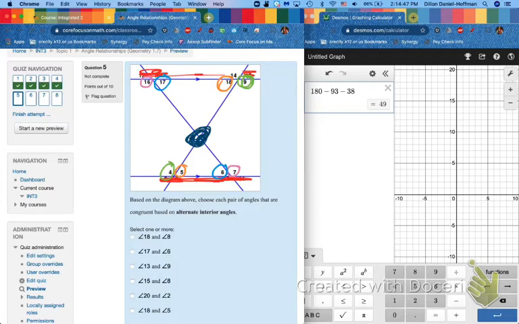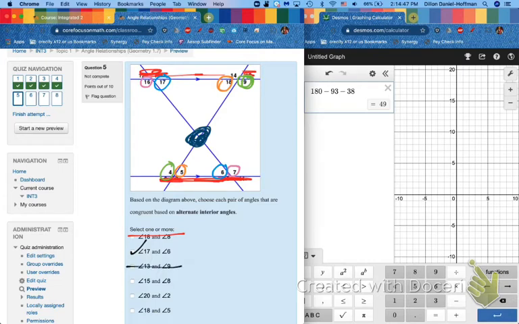There we go. Okay, so I need to see which one of these options is in my choices, because there will be two of them that are. So 18 and 8. Nope, 18 matches 5, looking at the orange ones, so that's not it. 17 and 6. 17 is in blue, 6 is in blue. Yes, those match. Okay. 13 and 9. 13 is not even in my picture, nor is 9.